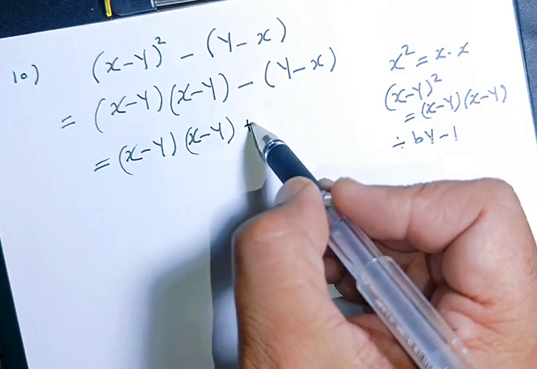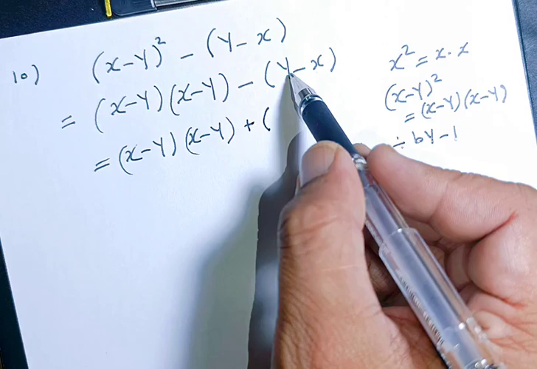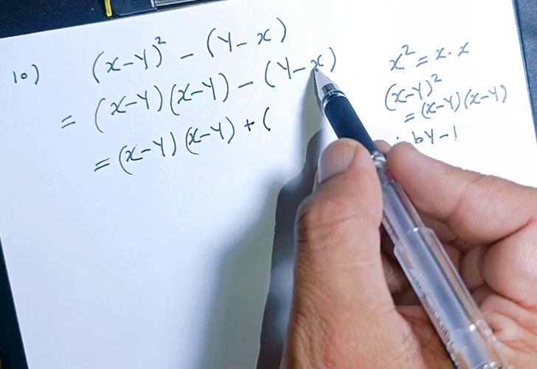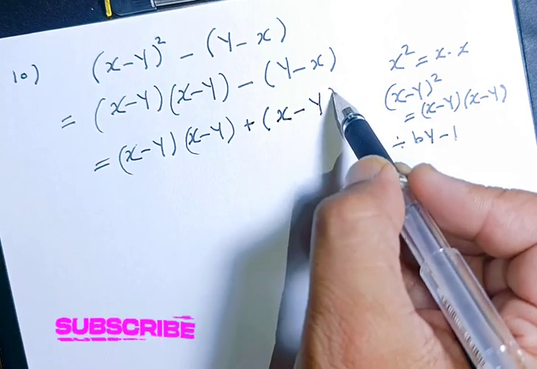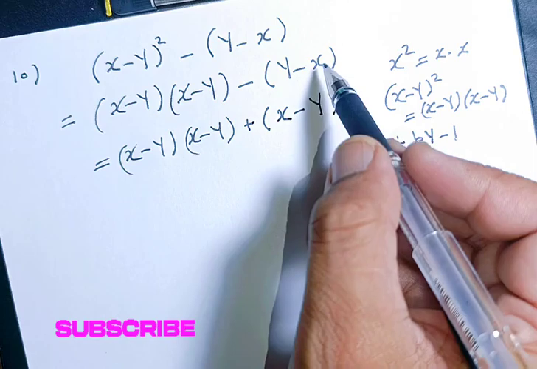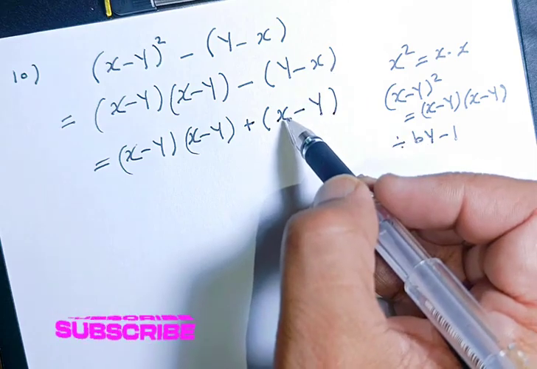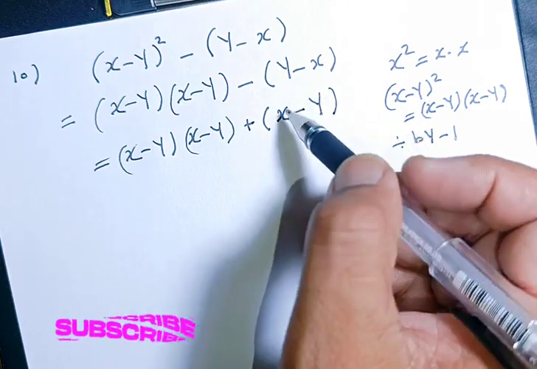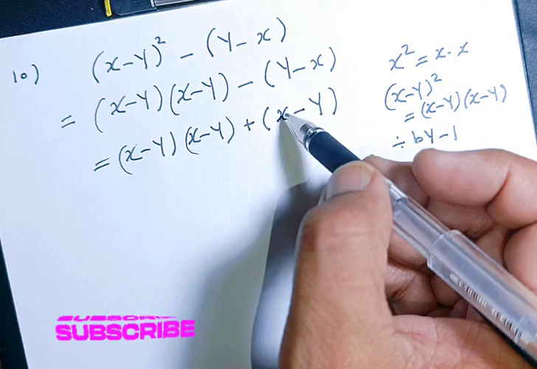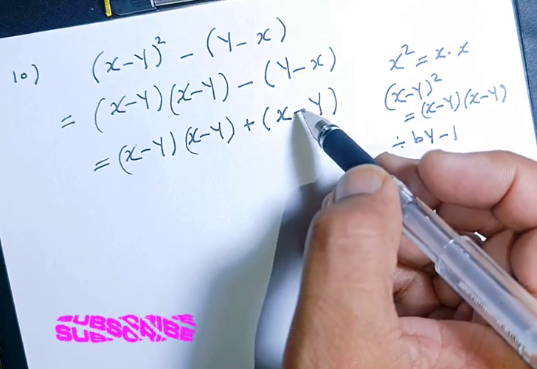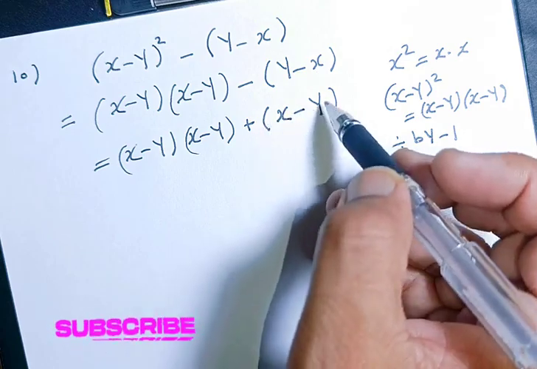Negative becomes positive, and then this becomes -y, and this becomes positive x. So I can write it like this, because if you change the place of the positive x, nothing is going to change, it will remain the same whole expression.